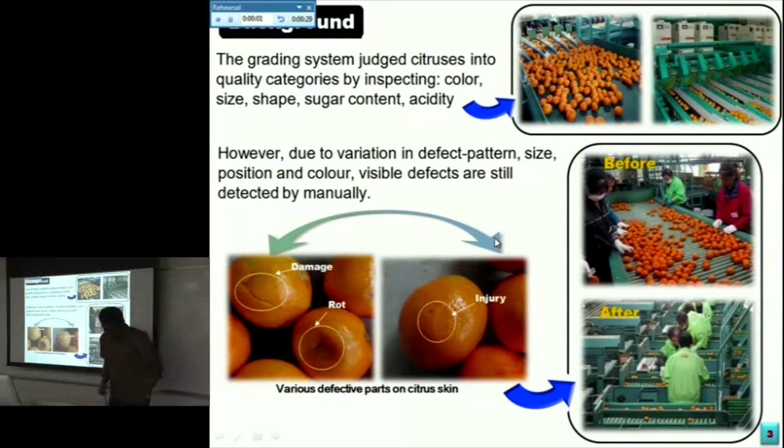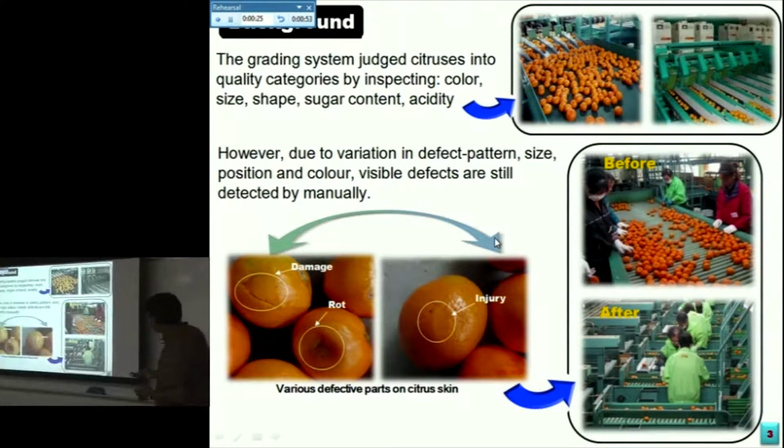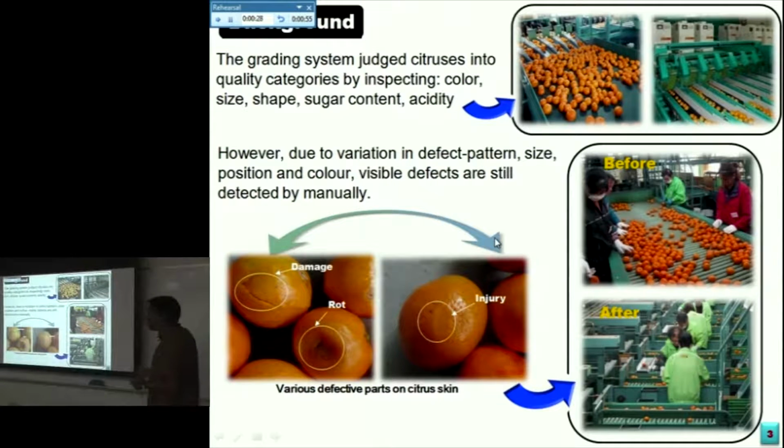Next, background. The citrus grading system in Japan so far sorts citrus into quality categories by inspecting parameters such as size, shape, color, sugar content, acidity, etc. However, citrus that contain visible defects such as rot, damage, or injured parts, whose color is slightly different from the healthy parts, are still detected manually before and after grading operations.